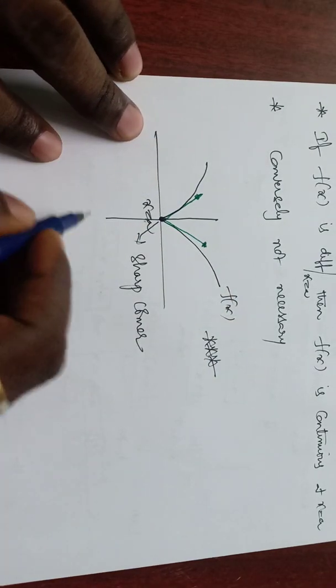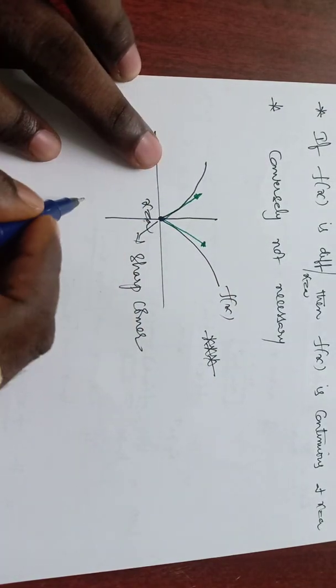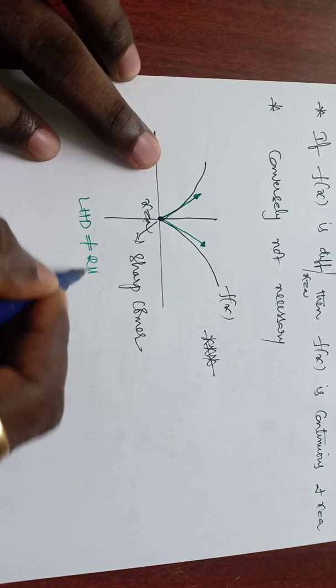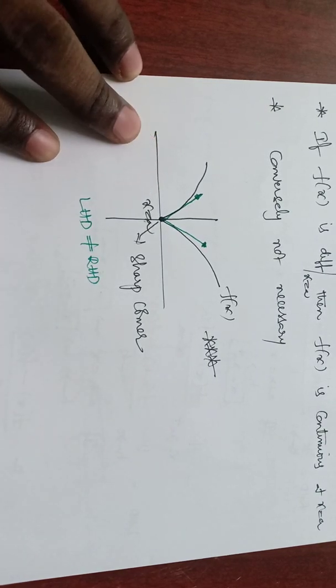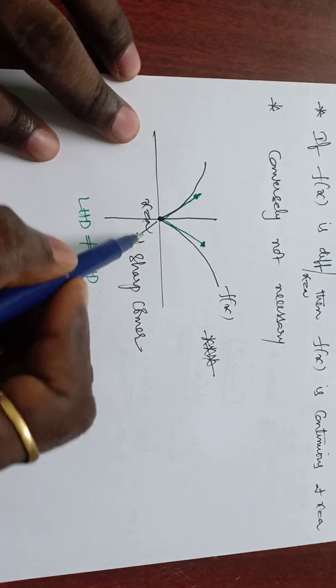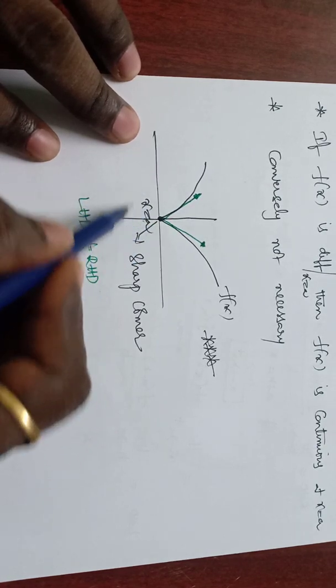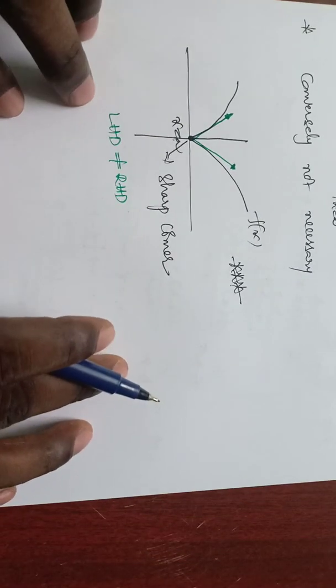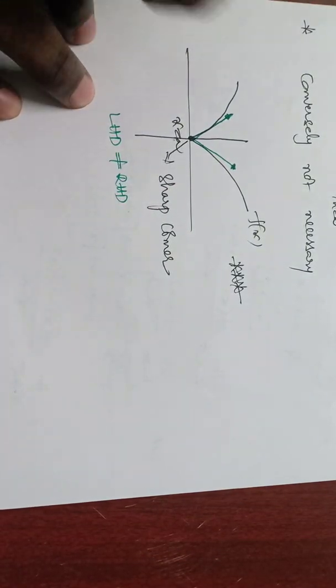So both are not the same. Clearly here the left hand derivative is not equal to the right hand derivative. Of course the function is continuous at x equal to a, but it is not differentiable at x equal to a.